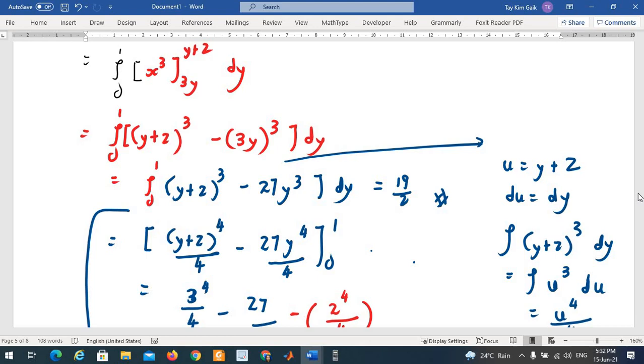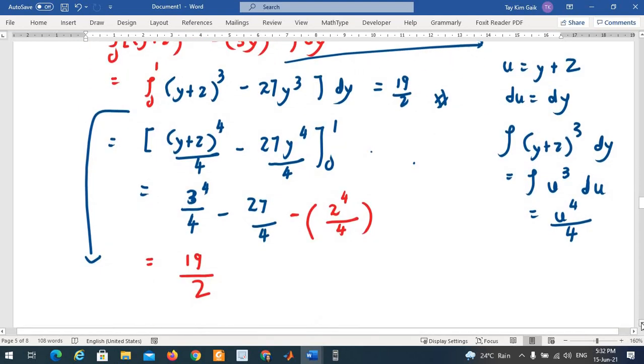You may directly use a calculator and you get 19 over 2. If you evaluate manually, there's no need to expand here. If you want to expand, you can, but it's more work: you have 4 terms, so one more term, the 5th term. The easiest is directly using your calculator in this step.